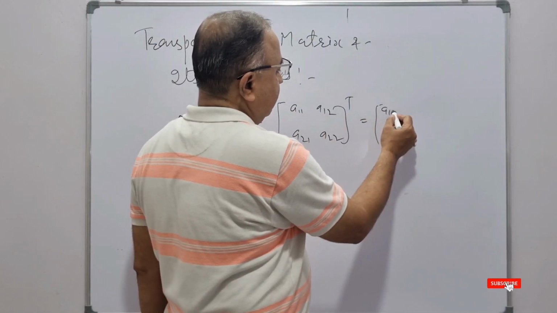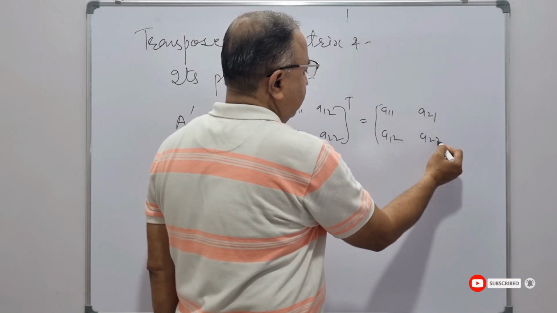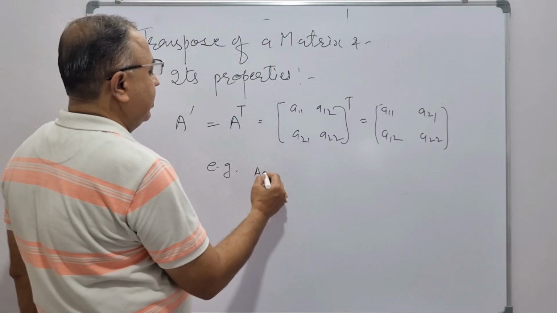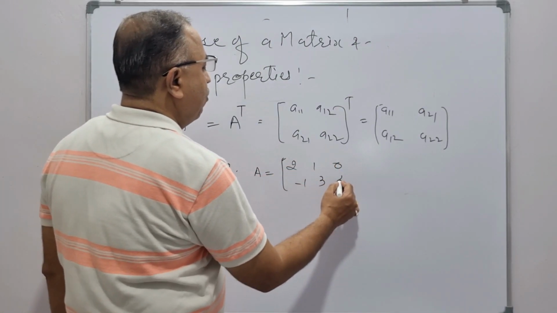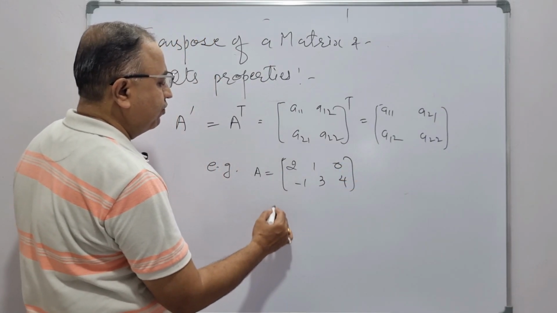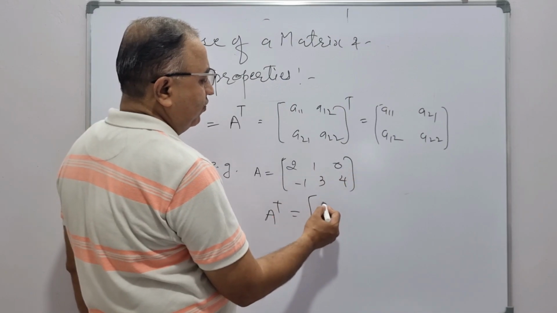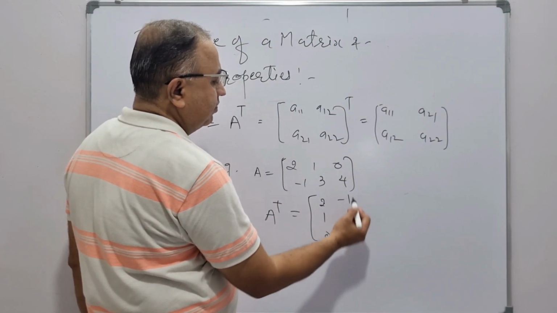So the first row will become the first column, the second row will become the second column. Now, for example, if I take a matrix A as 2 1 0, minus 1 3 4, and I find its transpose, converting rows into columns, the first row becomes the first column, the second row becomes the second column.